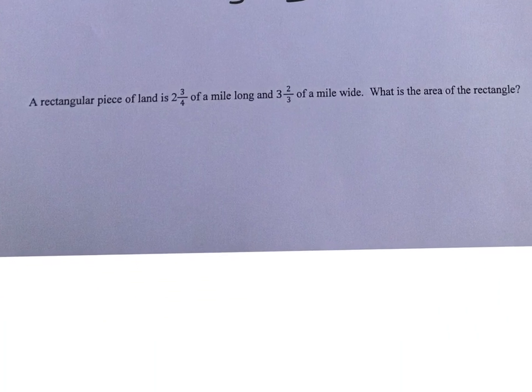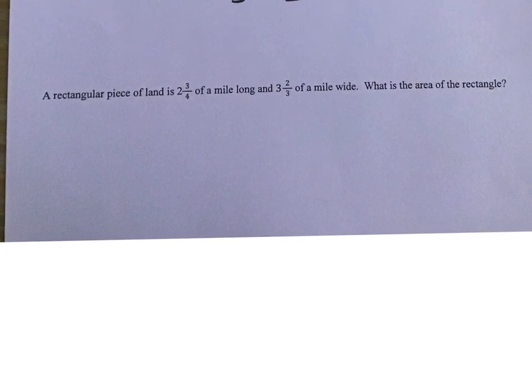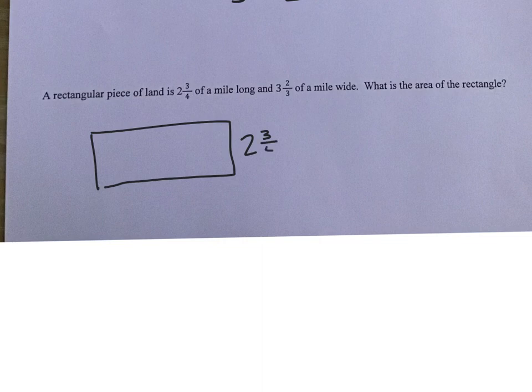All right. Bottom problem, last problem on this side of the sheet, says a rectangular piece of land is 2 3/4 of a mile long and 3 2/3 of a mile wide. What is the area of the rectangle? So we've got 2 3/4 and 3 2/3. Now, just like any rectangle, we do base times height or length times width.